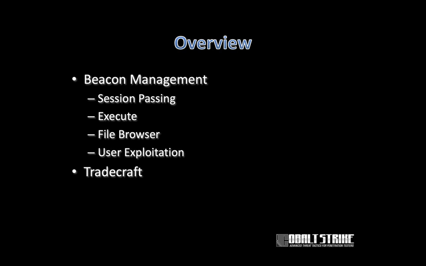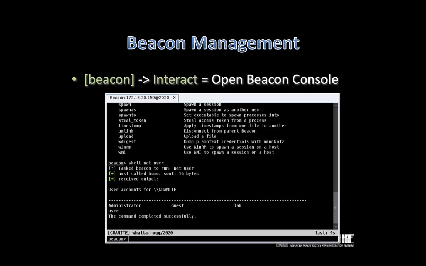And we will talk about user exploitation, taking screenshots, logging keystrokes, and other things as well. Finally, once I've introduced you to how to use the beacon agent, we will talk quite a bit about post-exploitation tradecraft. Let's talk about beacon management.